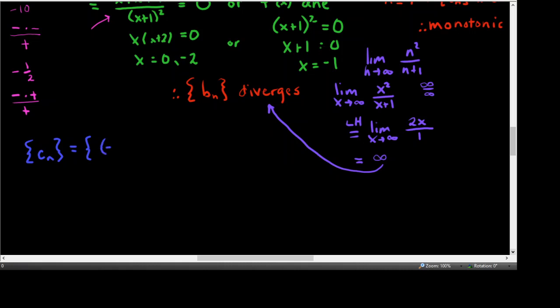is negative 1 to the nth. So if I put in 1, I'll get negative 1. Put in 2, I'll get 1.